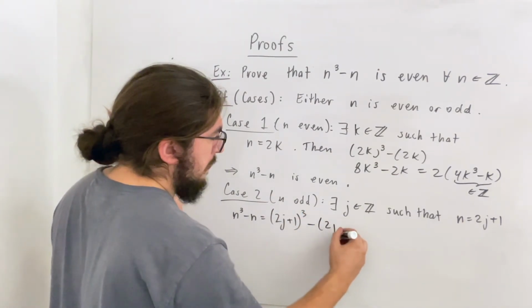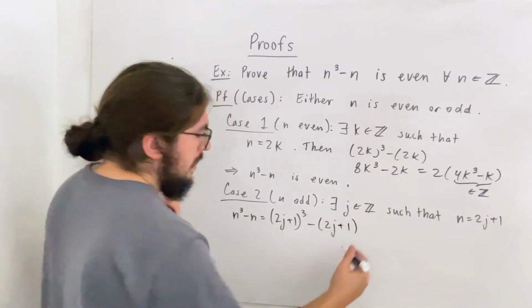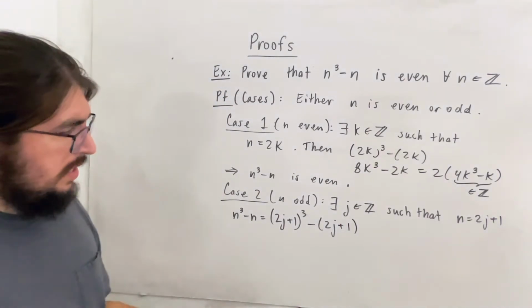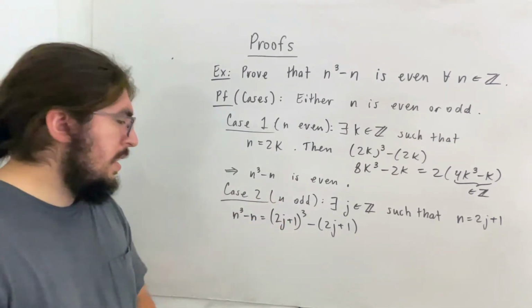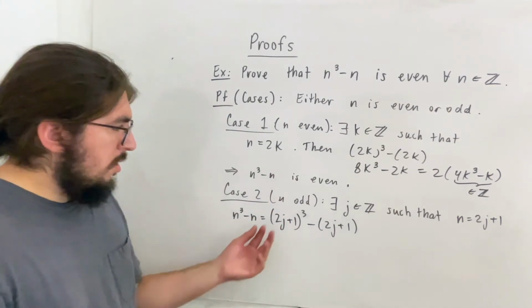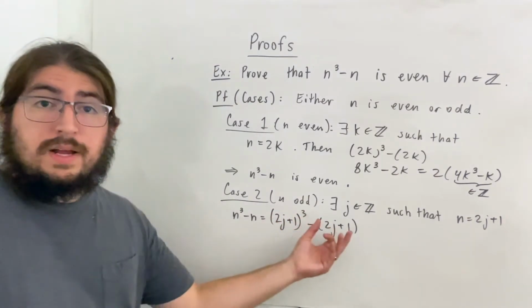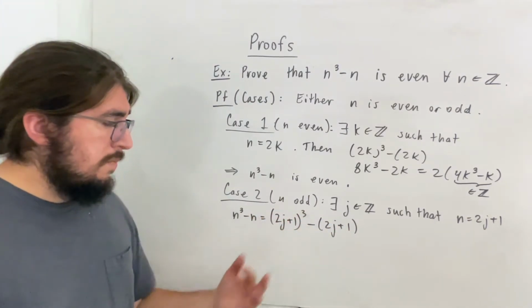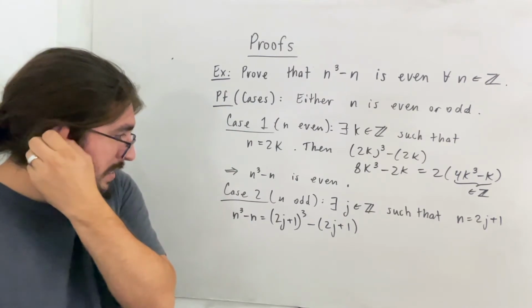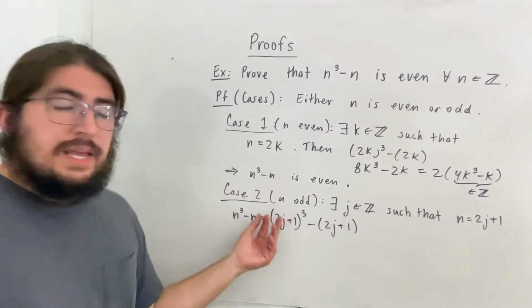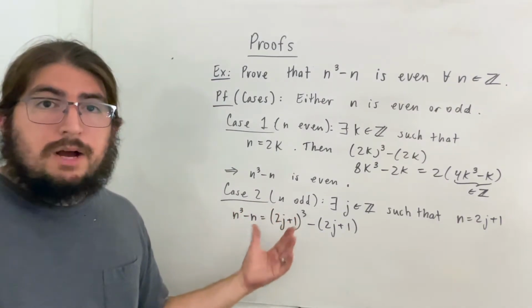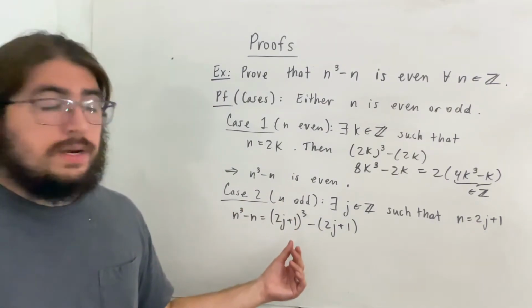Minus 2j plus 1. Trying to see if there's an easy way of showing this without actually expanding this out. If you want to use binomial theorem to expand this out, it's not too hard to do that. Maybe I'll do that. You can notice that they both share this 2j plus 1 as a factor. You can pull that out maybe and see what happens there. But what I'm going to notice is that when you actually expand this out, the last term is going to be plus 1.